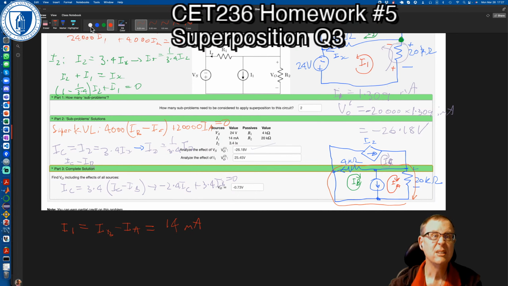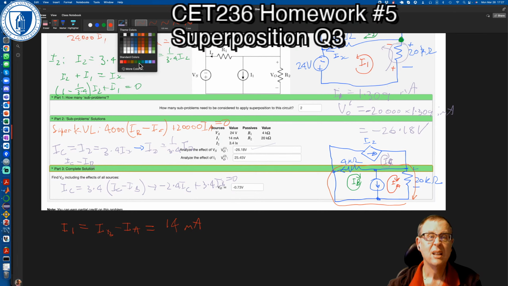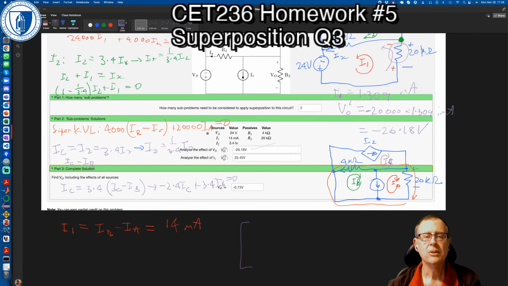Okay, so now we can probably write a matrix equation. Maybe a darker purple.